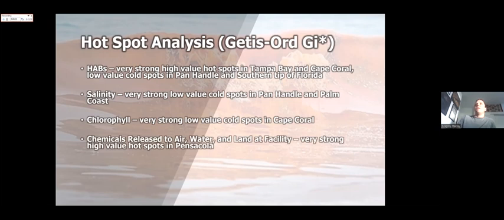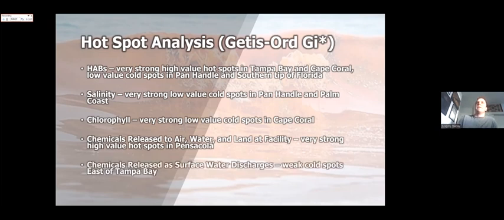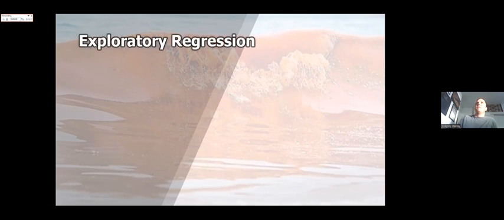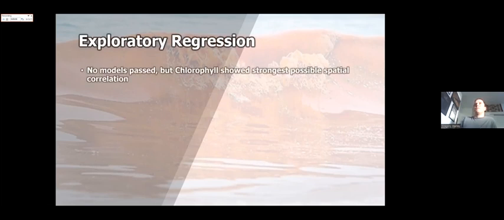Chemicals released to air, water, land, and at facility, that's one of our TRI categories, had very strong high-value hotspots in Pensacola. For chemicals released as surface water discharges, we had weak cold spots east of Tampa Bay. For exploratory regression, no models passed, but chlorophyll still showed the strongest possible spatial correlation to HABs.